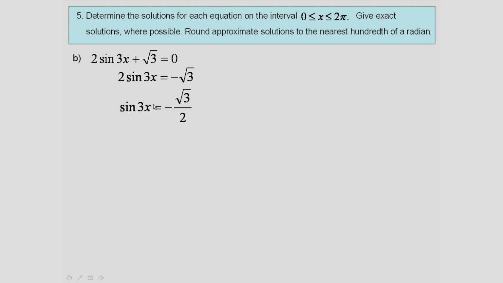The way we're going to do it is we're going to do exactly what we did in question A, except instead of solving for x, we're going to start by solving for 3x. So for the sake of what we're doing, we might as well just imagine that this is just x. Okay, so here we go. For 3x, let's find the related acute angle. Lucky for us, root 3 over 2, root 3 and 2 are side lengths in a special triangle.